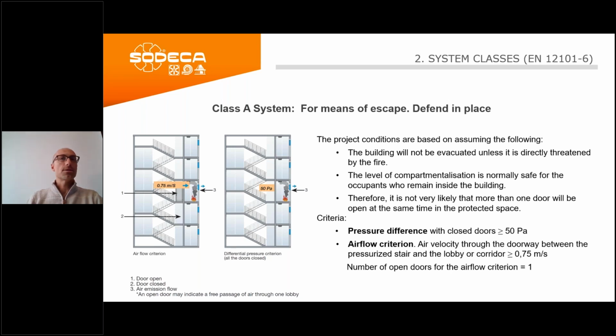The number of doors considered open in this case is only 1, the door at the fire level. Okay, so we have these 2 criteria where we will see calculations on the following webinar, and we have to carry out the calculations for both criteria, and when we are selecting the fan, we will choose the greater value.